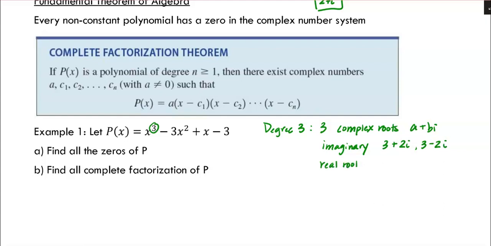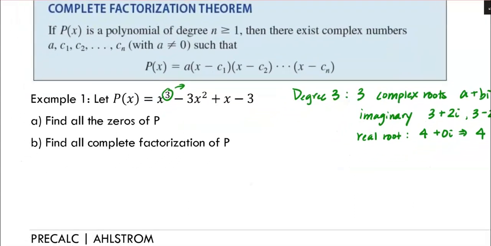That is included in the complex roots, because if I rewrite it as something like 4 plus 0i, then that's just 4. The imaginary part is just 0. So all this says is there's the possibility of 3 roots. They could be imaginary, they could be real. And that's what the fundamental theorem of algebra says.